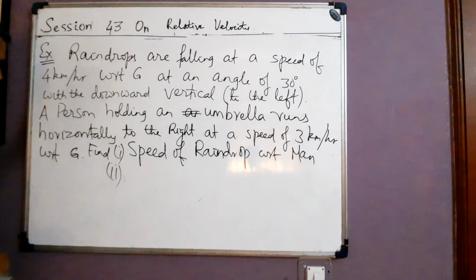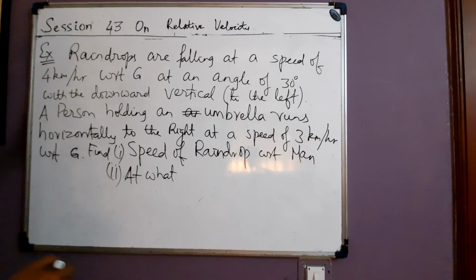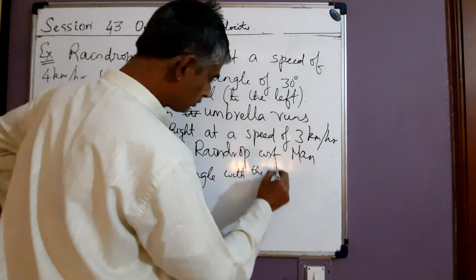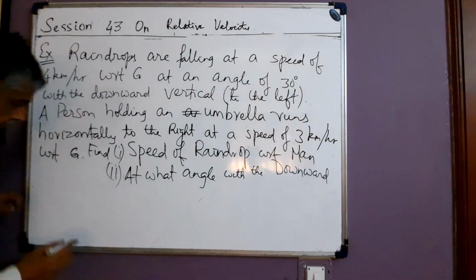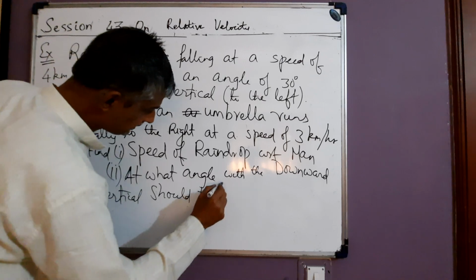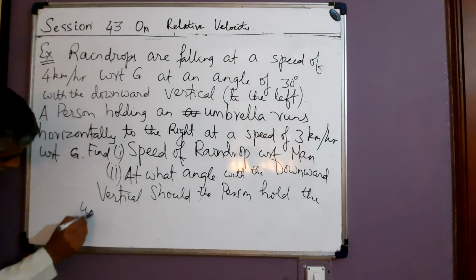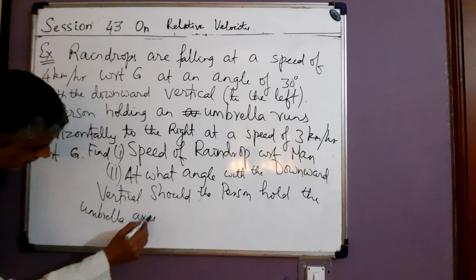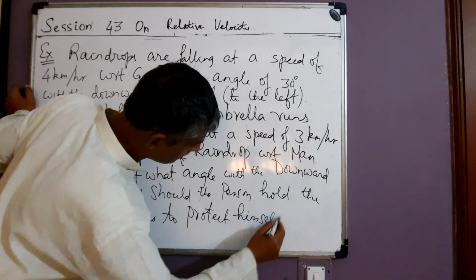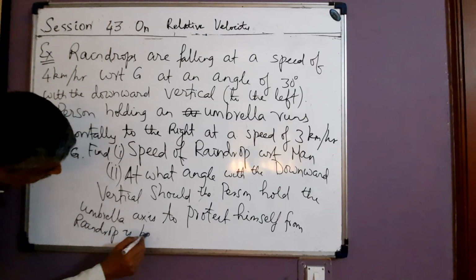Second, at what angle with the downward vertical should the person hold the umbrella to protect himself from the raindrop in the best possible way.